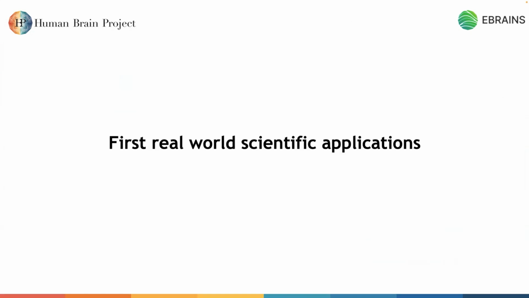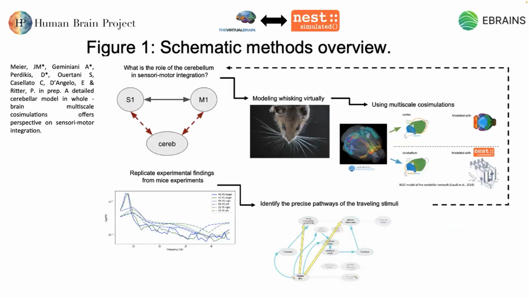Before we finish this first part, I will also talk about some first applications in real-world studies we are conducting right now, to give you some examples of where this tool has proved to be useful.